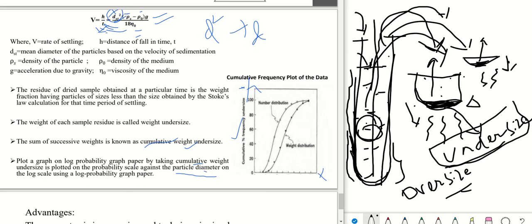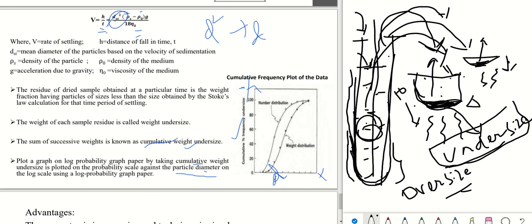The particle diameter we will be getting from Stokes law. So the diameter will be taken on the x-axis, and the frequency is undersize according to the time interval. For example, for the first 10-minute interval, we get 10 gram. For the next, we get 11 gram.